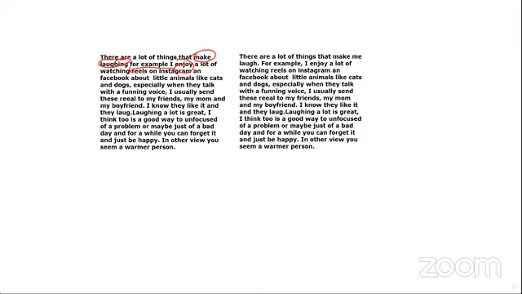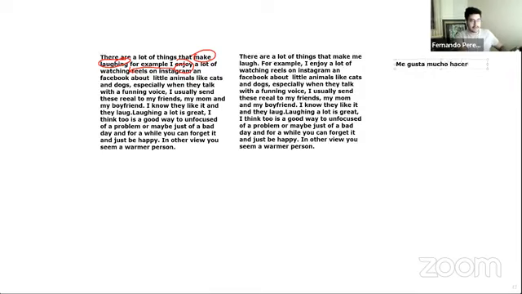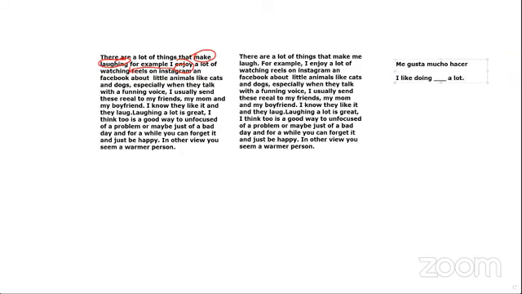Okay? Can you repeat that, teacher? Sure. In Spanish, we say me gusta mucho hacer. In English, we need to place mucho at the end. I like doing blah, blah, blah, a lot. Okay.